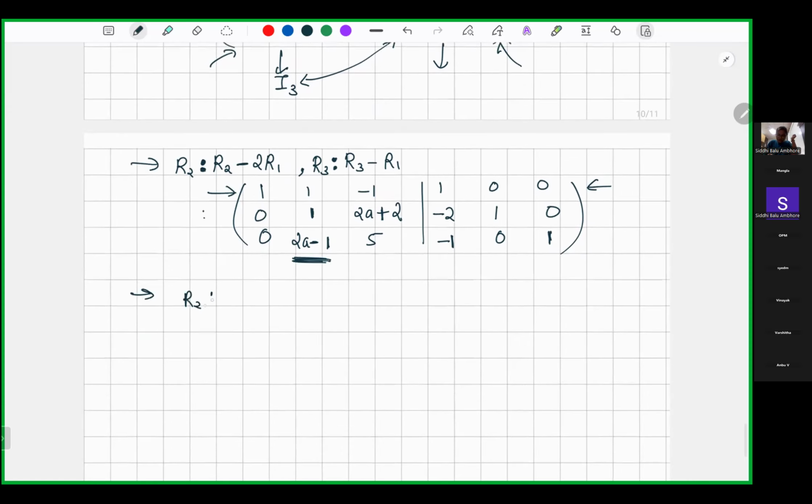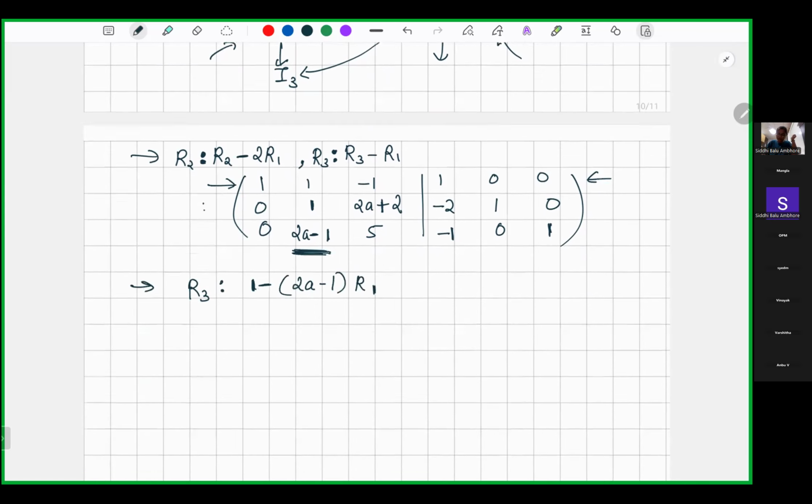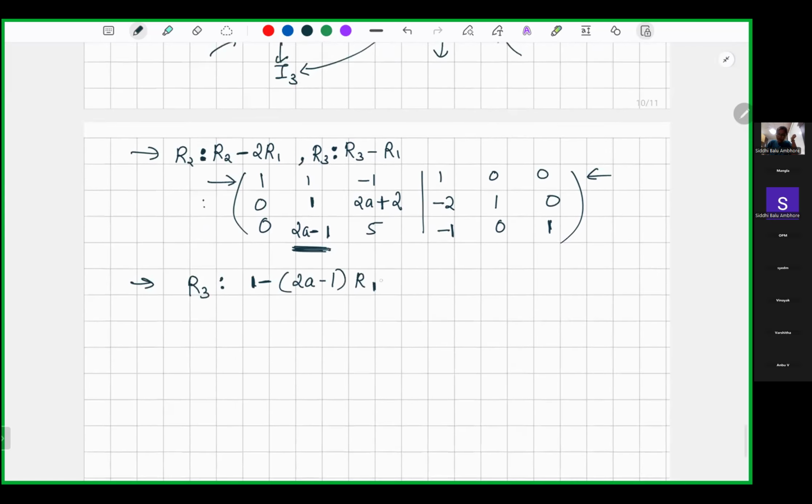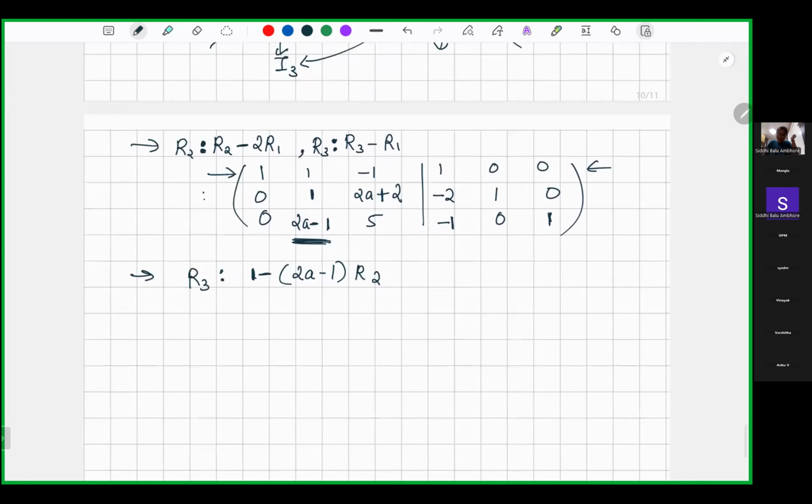So now I want to do R3 is equal to R3 minus 2a minus 1 times R2, because I want to make this 0. So this will give me 1, 1, minus 1, 0, 1, 2a plus 2.